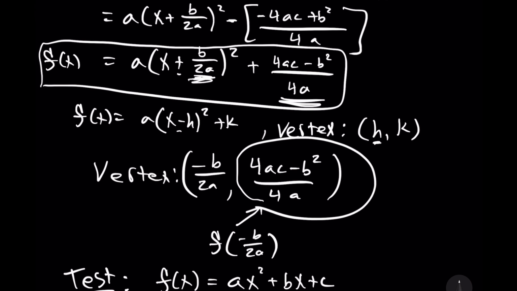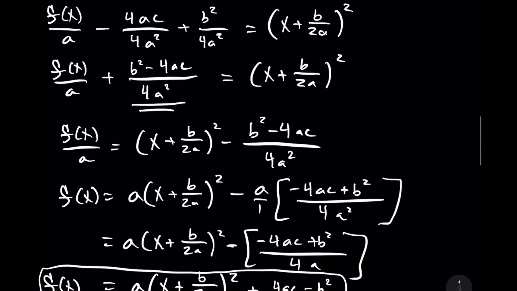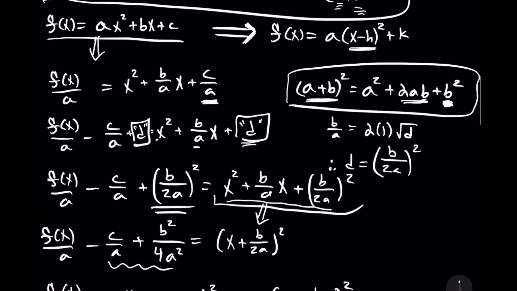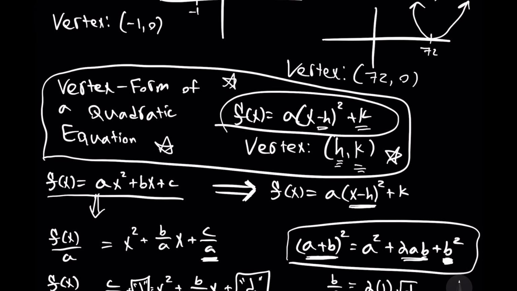We didn't use calculus. We just used some intuition. We know by just observation that this vertex form of a quadratic equation perfectly models what is going on. So we just transformed the standard equation into this equation here and derived our vertex.